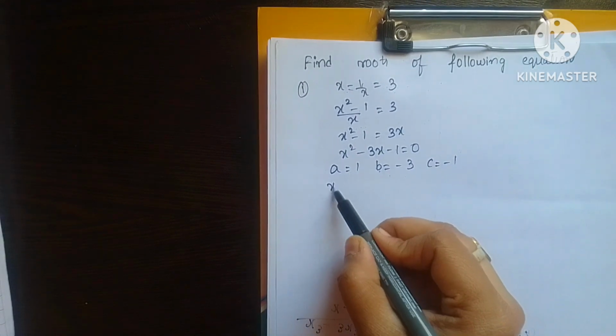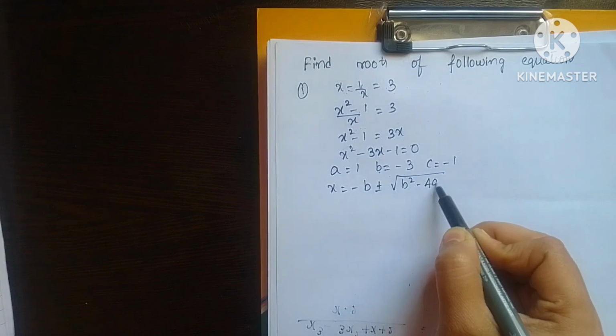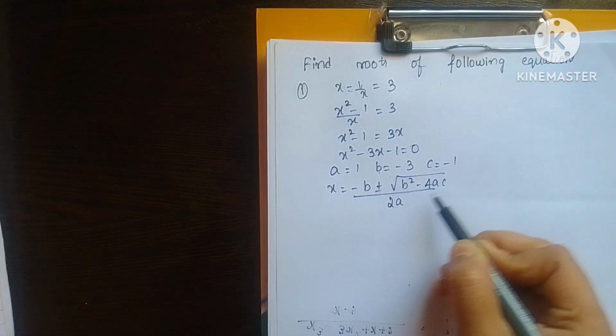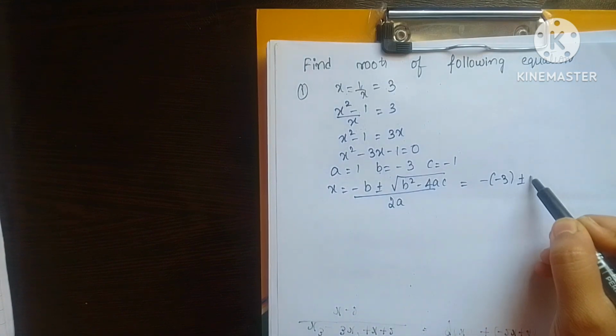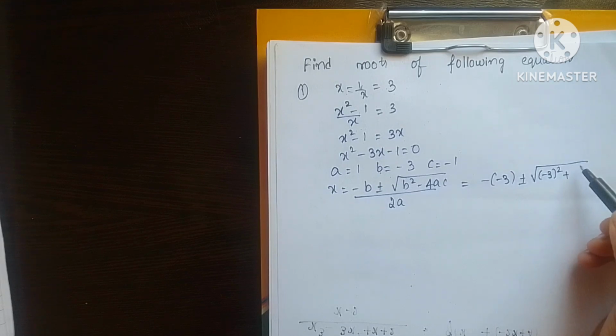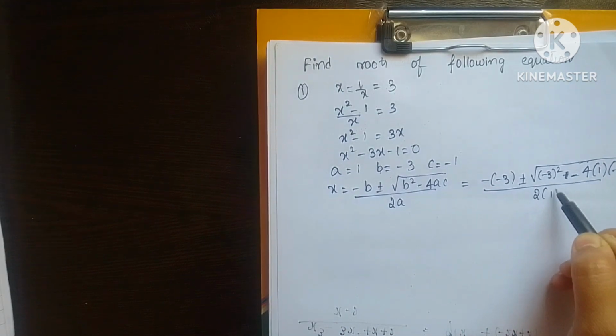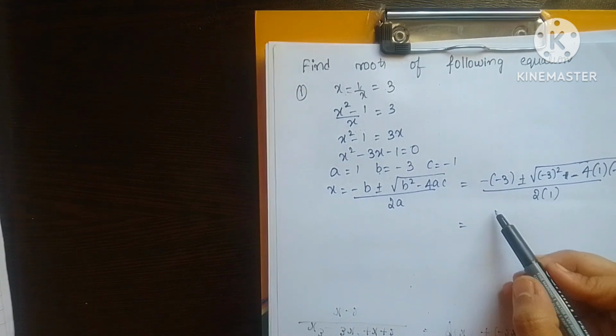We know that x is equal to minus b plus or minus square root of b square minus 4ac by 2a. So minus b means minus of minus 3 plus or minus square root of b square, minus 3 whole square, minus 4 into a is 1, c is minus 1, by 2 into 1. I am substituting a, b, c values, that's it.